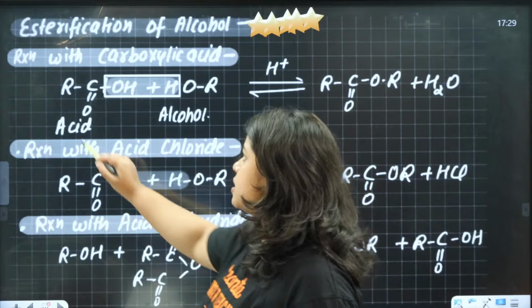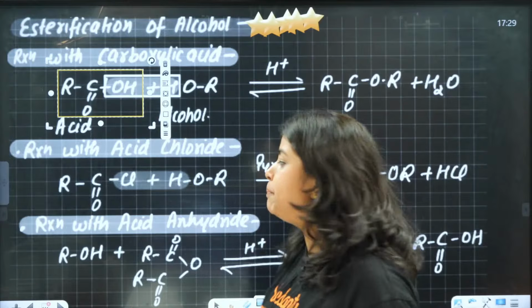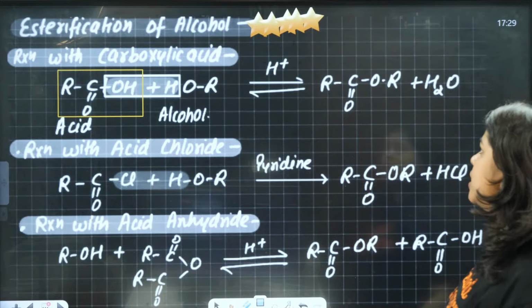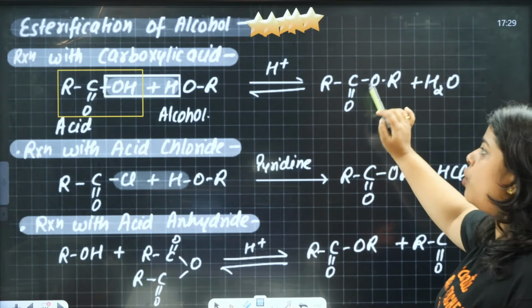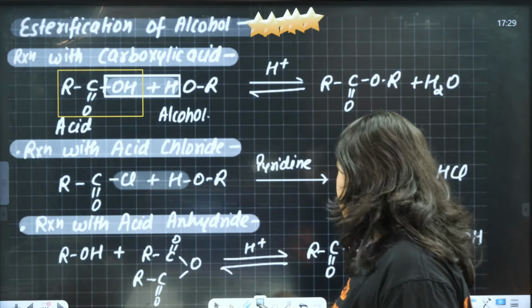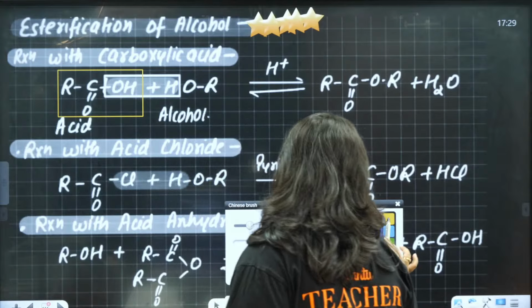So this is a carboxylic acid, RCOOH with a double bond to O. It is getting reacted with the alcohol, that is ROH. In the presence of H plus, we are going to get RC double bond O, OR, plus H2O.